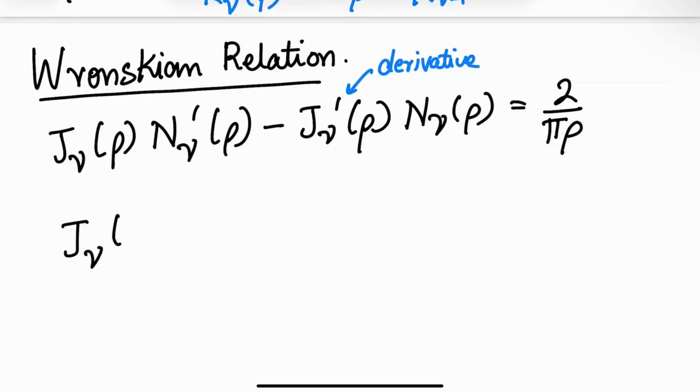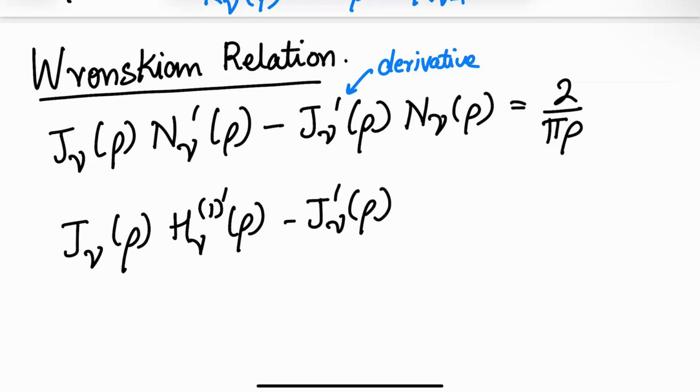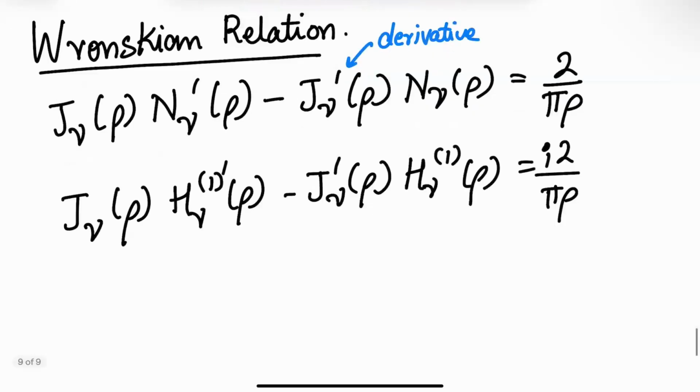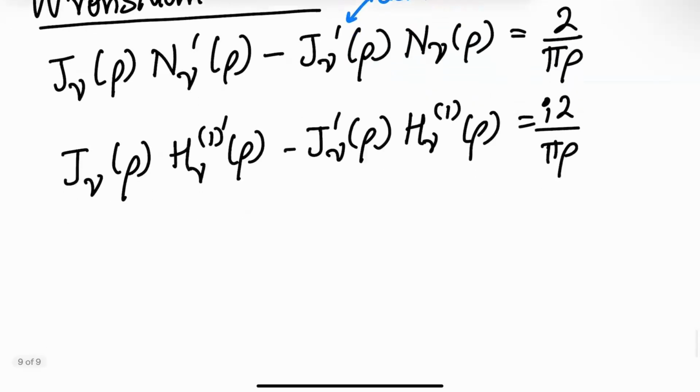Then you also have J_ν(ρ) H_ν^(1)'(ρ) - J_ν'(ρ) H_ν^(1)(ρ) = i·2/(πρ).